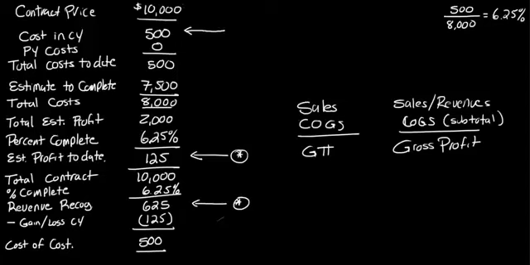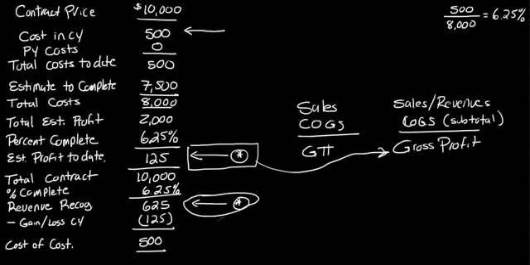Okay? And you can see that we've actually calculated here the estimated profit to date, which is right here. And we've actually estimated the revenues to date, which is the number right here.